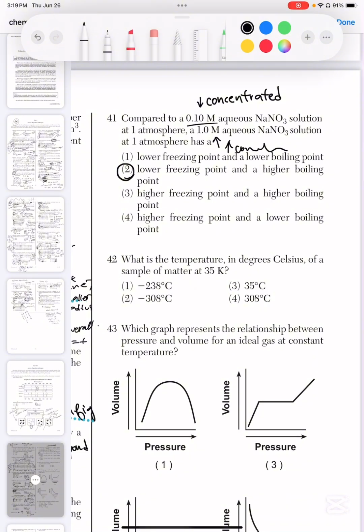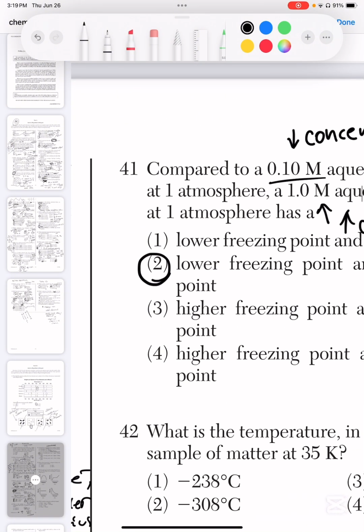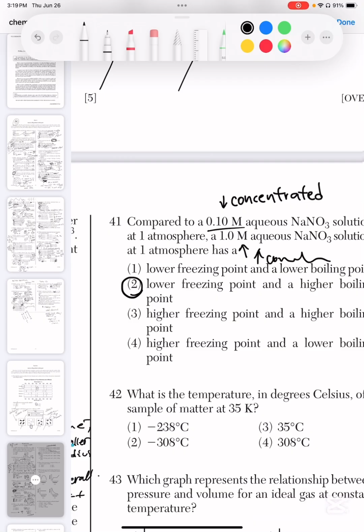This happens because the dissolved ions in the solution make it harder for water to freeze. These are colligative properties. Think of this: this is what frozen water looks like.